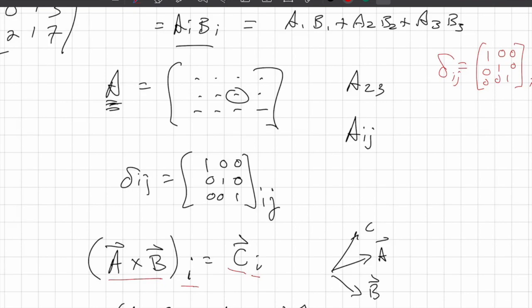In case you don't remember what the cross product does, it takes two vectors, in this case vector A and vector B, and creates a third vector, vector C. And vector C is going to be perpendicular to vector A and vector B. So what would A dot C be equal to? Anybody know what A dot C equals?